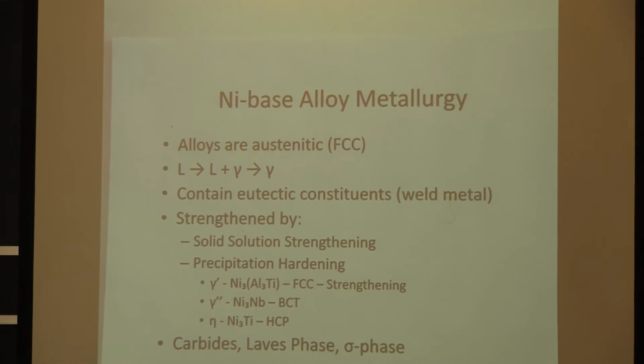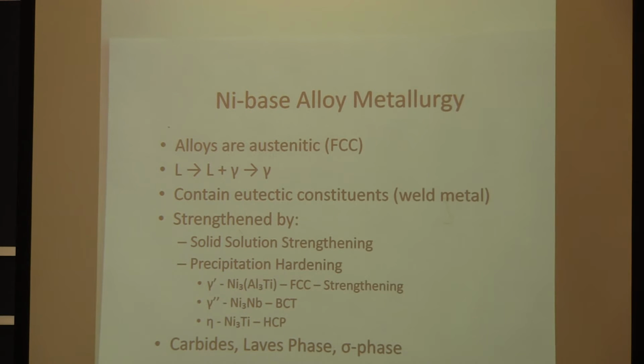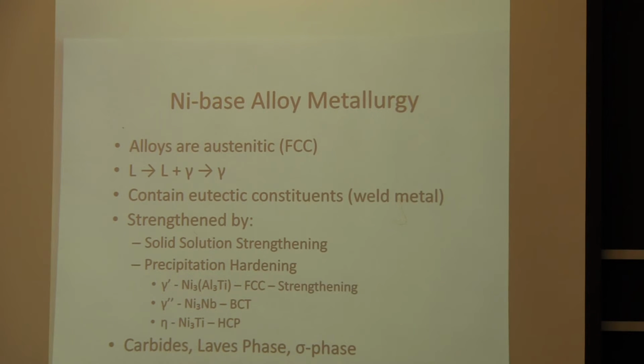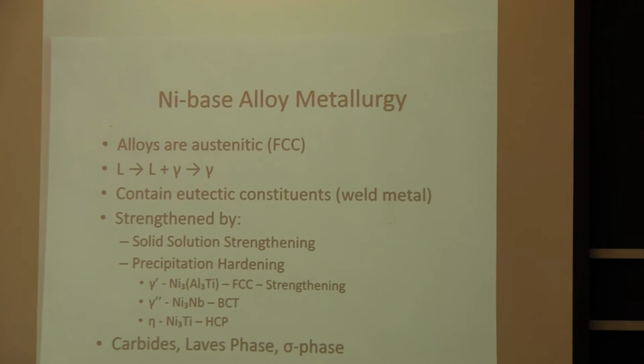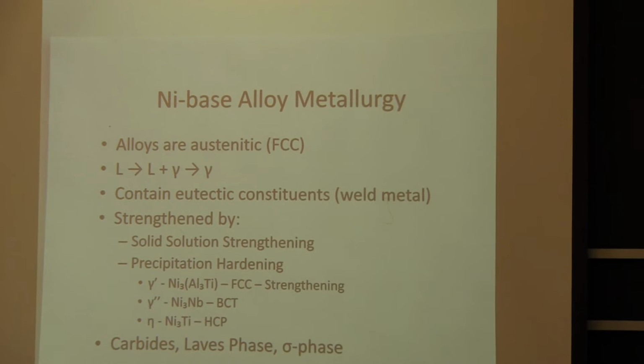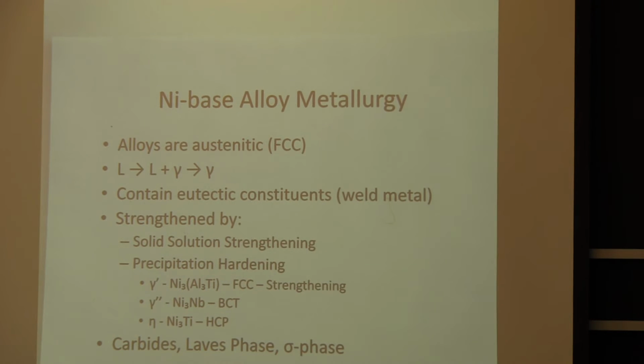Nickel-based alloys are generally austenitic, which means they have a face-centered cubic microstructure. It also means that they have a very distinct solidification structure, and they're non-magnetic. What I've got next there is the solidification path. You go from a liquid material to a liquid plus gamma, which gamma is the Greek symbol that represents austenite, and then you go to a fully austenitic structure as you solidify.